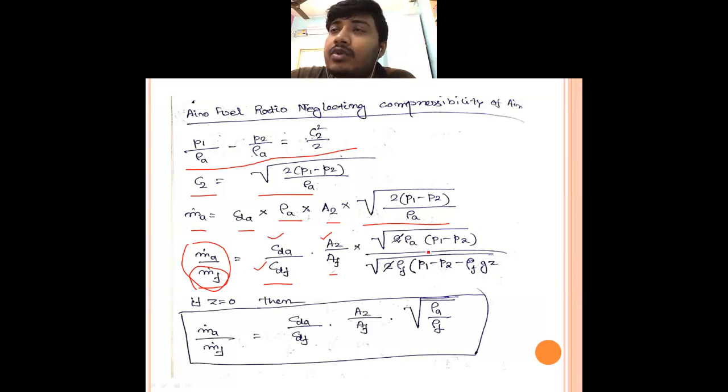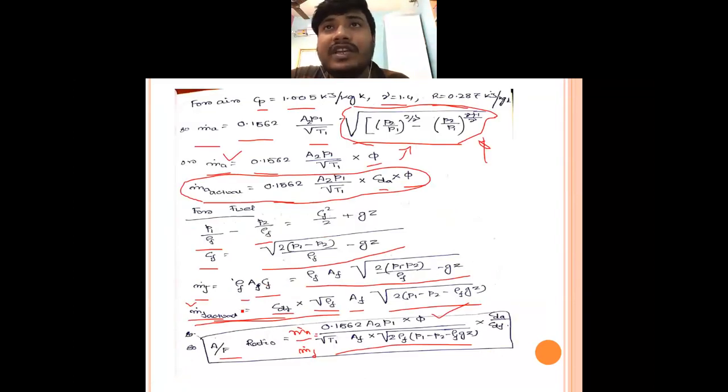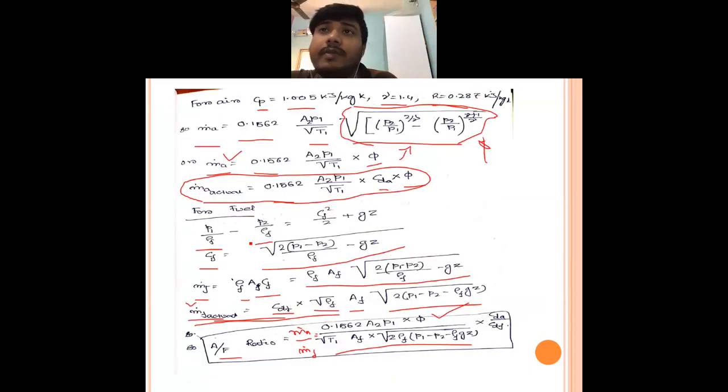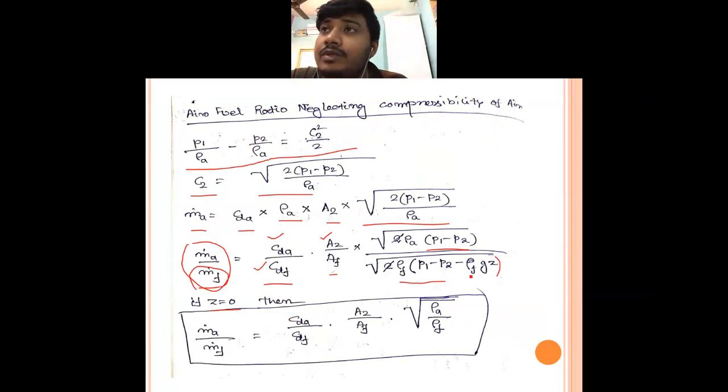multiplied by under root of rho A into P1 minus P2 by rho F into P1 minus P2 minus rho F G Z. Okay. Now if we consider that Z is equal to 0, meaning there is no elevation here, then this Z will be 0. So it will come P1 minus P2, so it will be cut out.